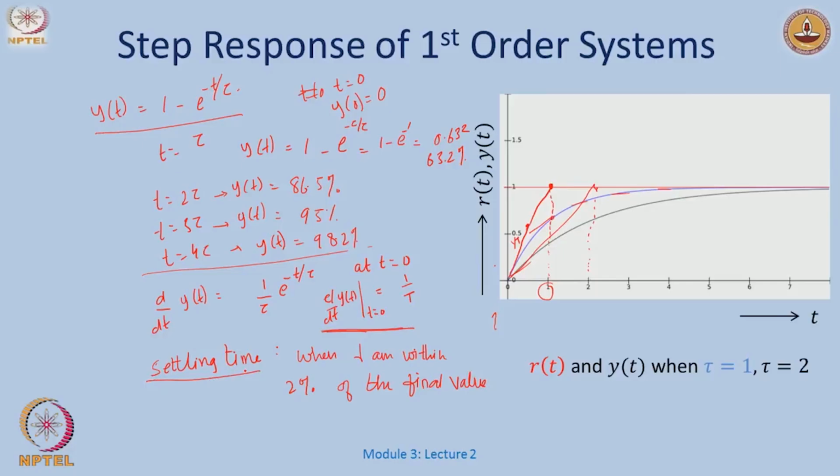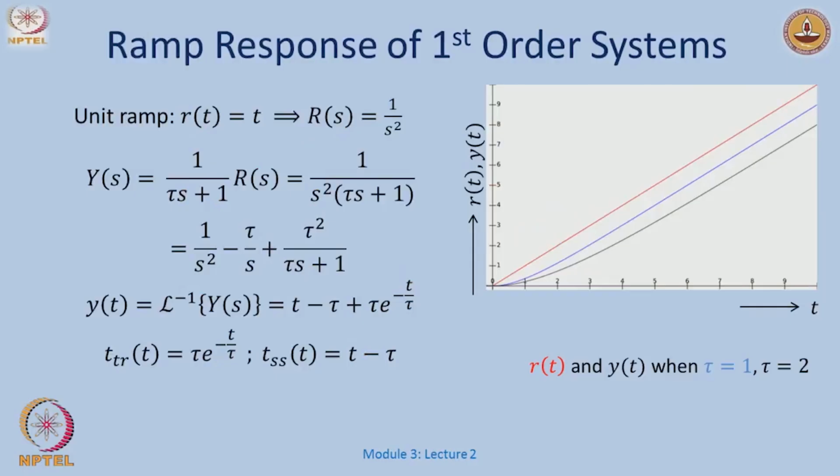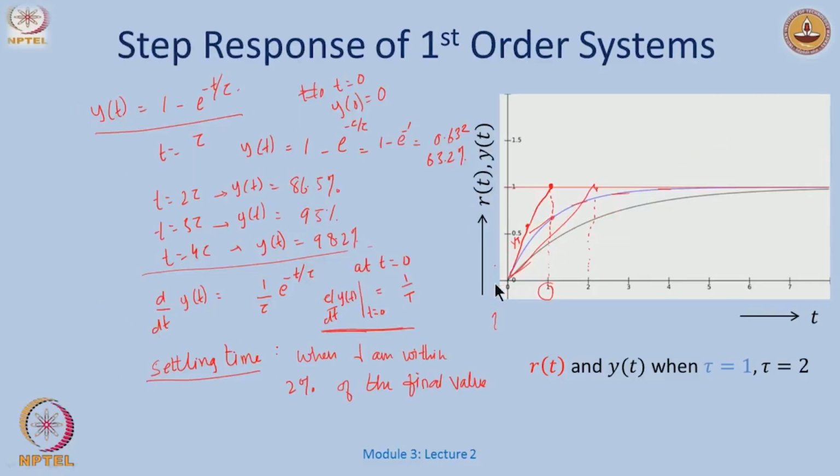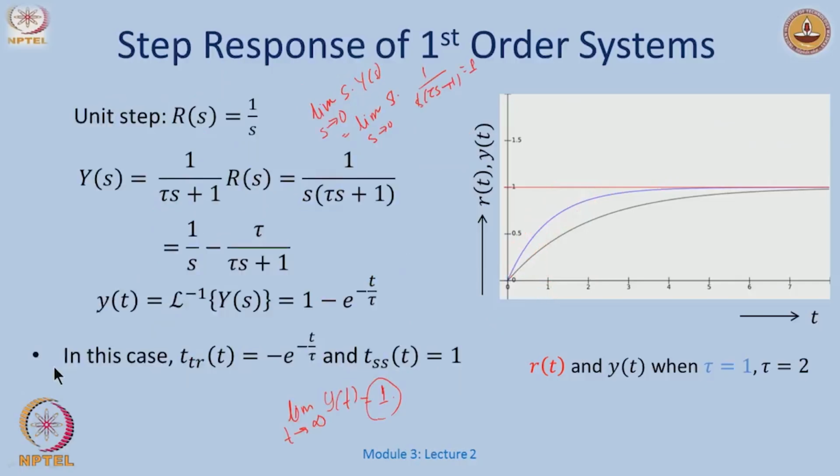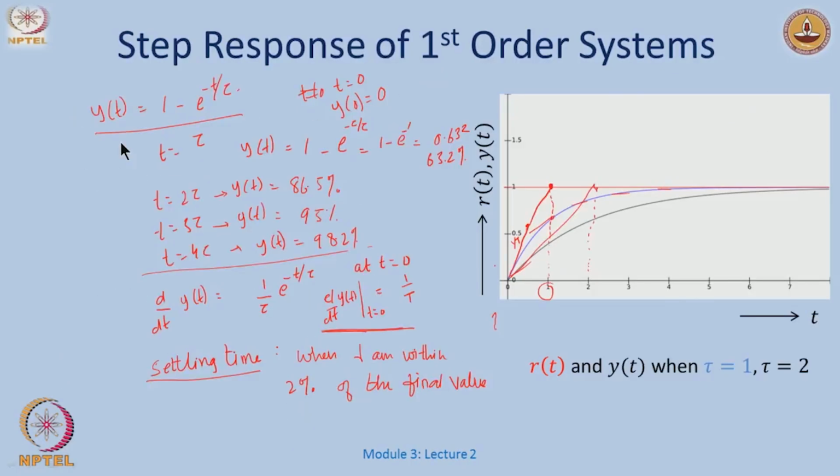So okay, after this, you can look at the unit ramp response. But even before I do this, let me do something else here, right. Here my reference was a unit step. If I look at the standard configuration of the plant and controller, I had, if I remember correctly, 1 over tau s.